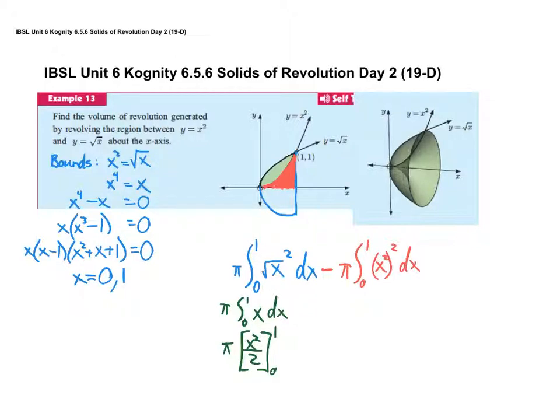So that's the first part. Minus pi times the integral from 0 to 1 of x squared squared, so x to the 4th dx. So that's pi times x to the 5th over 5 evaluated from 0 to 1.